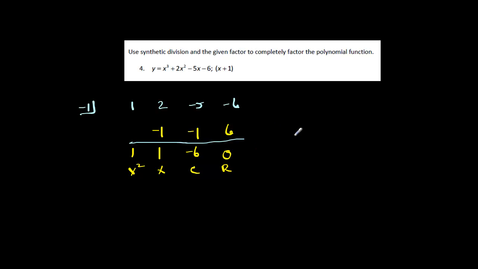That means, because the remainder is 0, this x plus 1 is a factor of this. The other factor is our answer here, is the quotient. So 1x squared plus 1x minus 6.